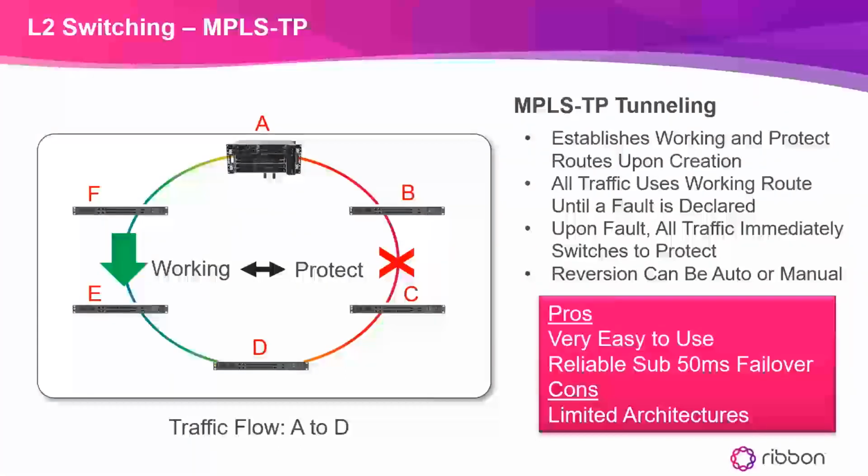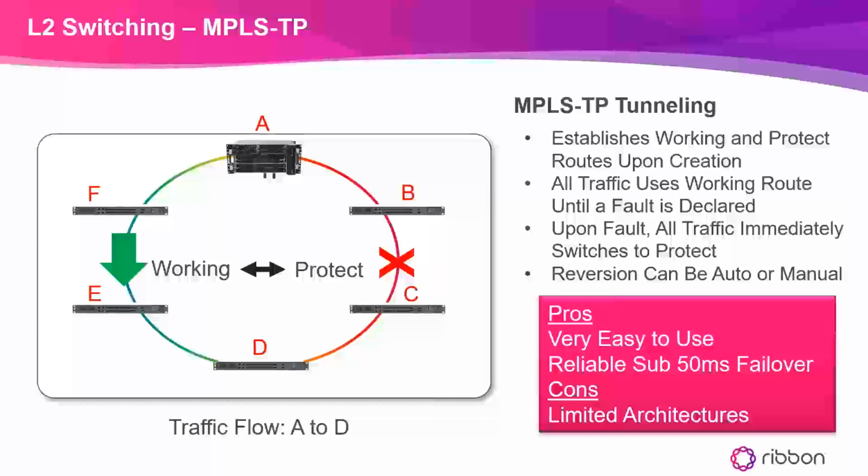You nail up tunnels at the beginning, you put your traffic in them, you get to decide what the routes are. In this case, it's a fairly simple ring topology, but if you have a more complex topology, then obviously you can choose the route for both working and protect. Reverting back to the original working path can be automatic.